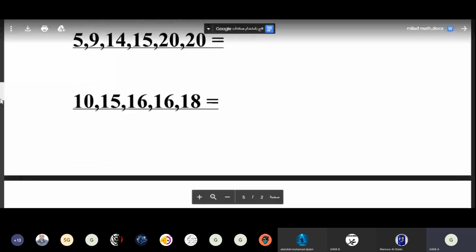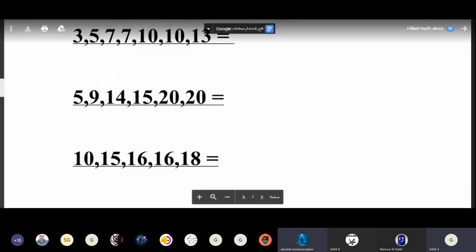Okay, move to another question. This one also you should find the mean. As I told you, you should add them, then divide by the number of values. Someone has the answer?